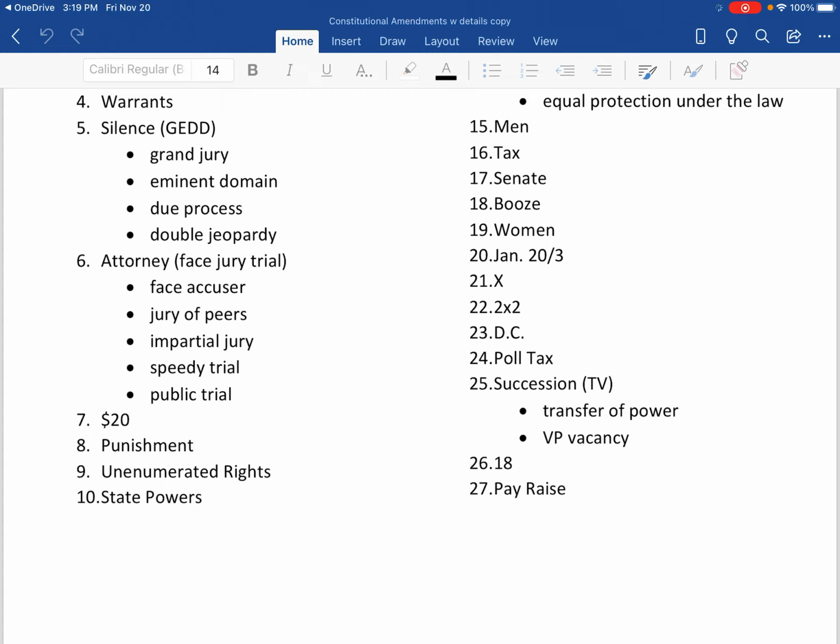Now, interestingly enough, a speedy trial at that time is definitely not what we consider to be a speedy trial today, which could be years actually, and a public trial. A public trial basically means that the trial happens in the area where the crime was committed.